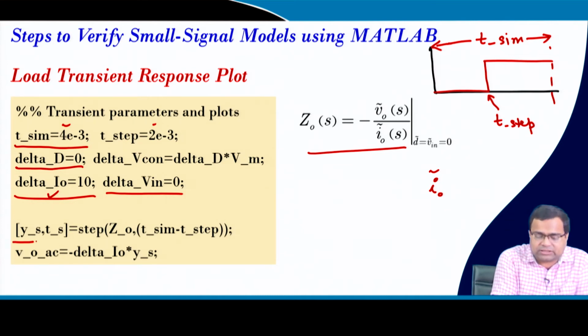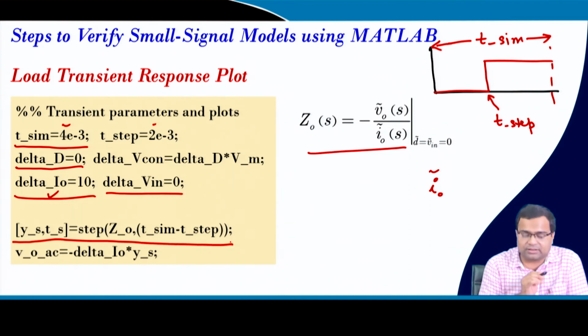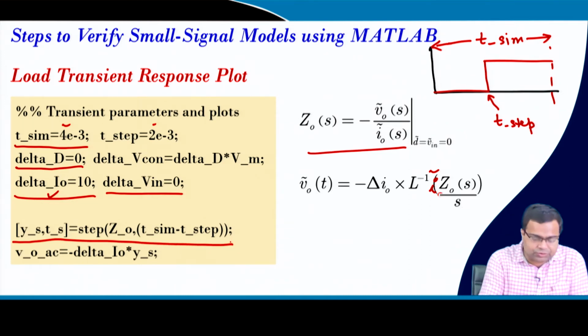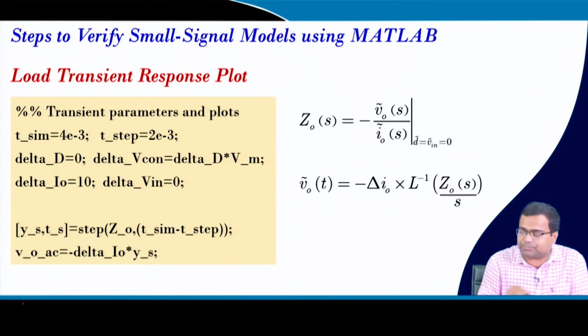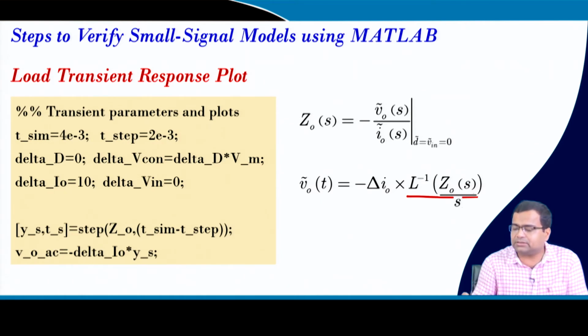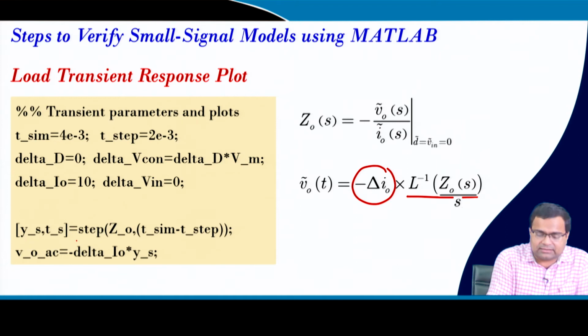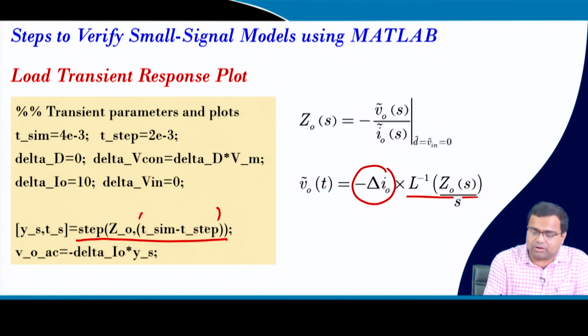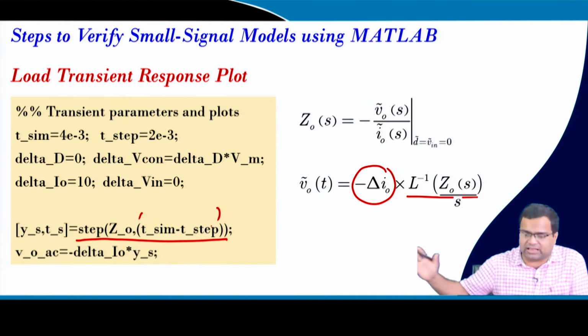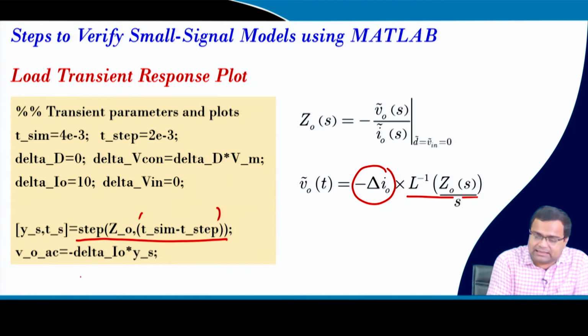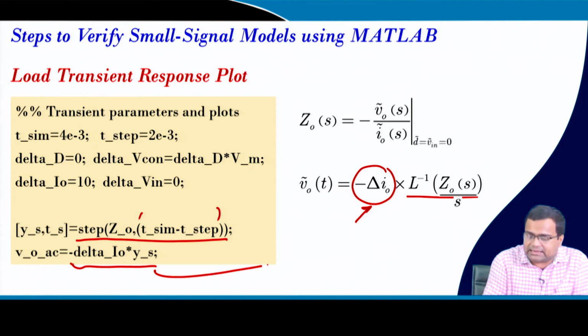So now here it shows the step response of the output impedance. This will show the step response of the output impedance, the Laplace transform, and then we have to multiply with the step size. This is the step response, and we are extending the time from the step applied till the final time. Since it has a negative sign, you see this line is exactly here.